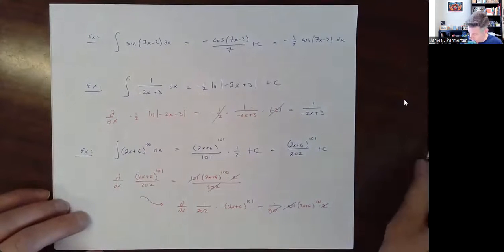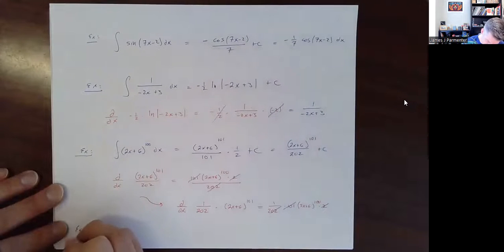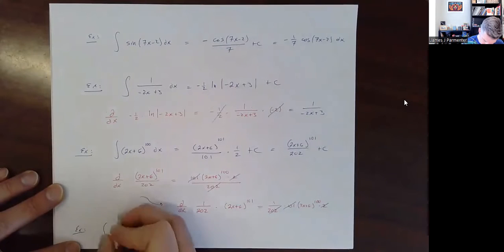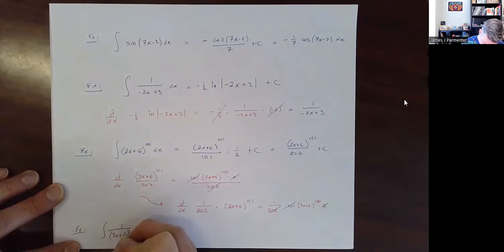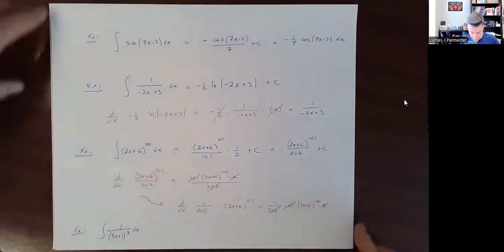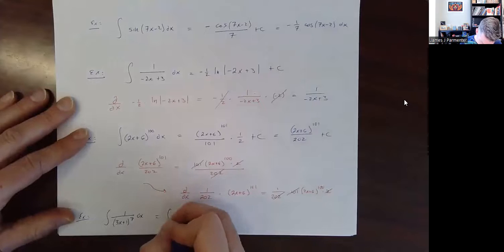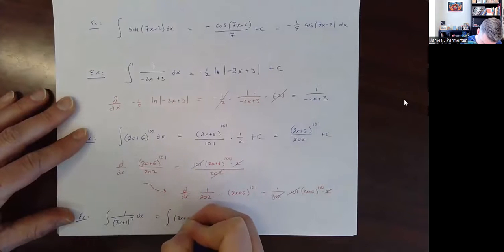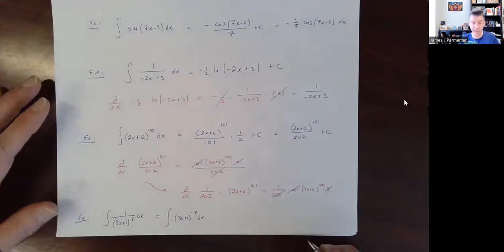One more example I'll squeeze in here, and I won't do all the work for it. If you're integrating, say, 1 over 3x plus 1 to the 7th power, I'm going to rewrite it as the integral of 3x plus 1 to the negative 7th power. But then I'm just going to use, again, the same idea.